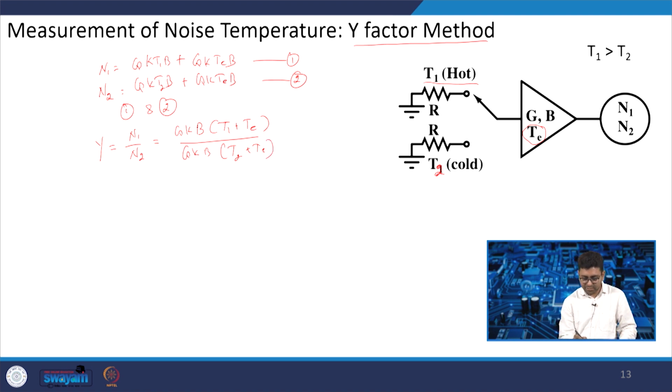You can cancel out this G k B. So, this is given as Y equals (T1 plus Te) by (T2 plus Te). You can write down Te equal to (T1 minus Y T2) upon (Y minus 1).